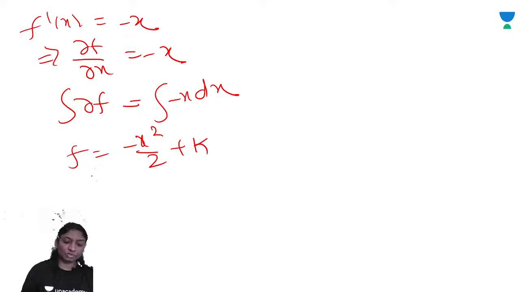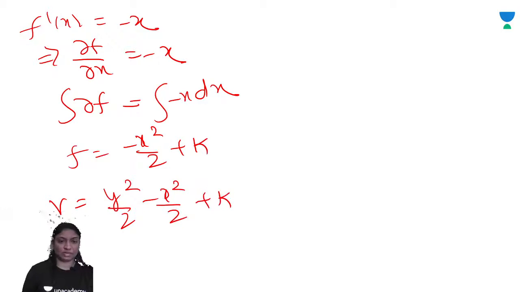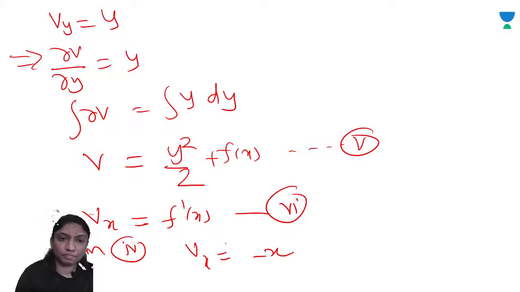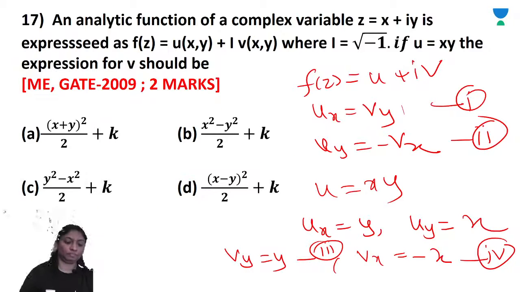Now substitute this value in 5. So we will get V is equal to y square by 2 minus x square by 2 plus k, that is V is equal to (y square minus x square) by 2 plus k. The correct option is C.